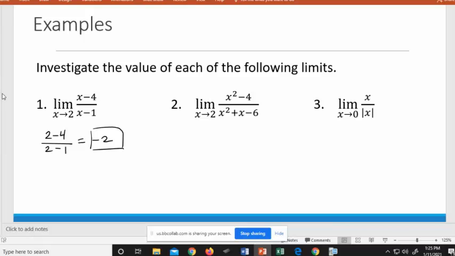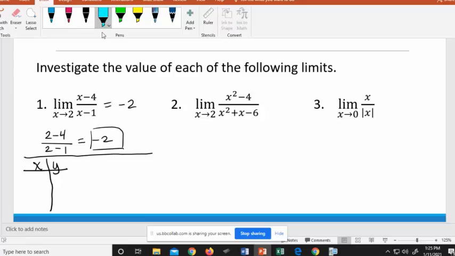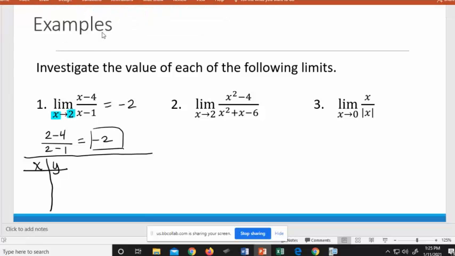Now, are we just going to settle on this answer and just say this will always work out so nicely? It's not always going to work out this nicely, so why don't we verify it numerically using a table of values too? Okay, so we think this is negative 2. So a table. We are choosing values of x that are near 2.